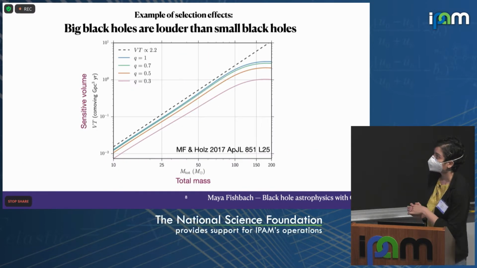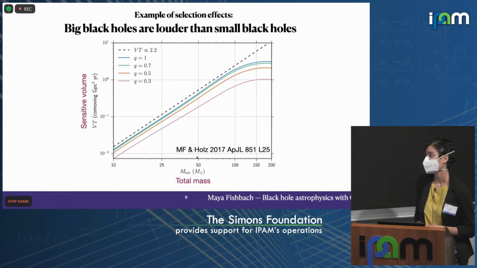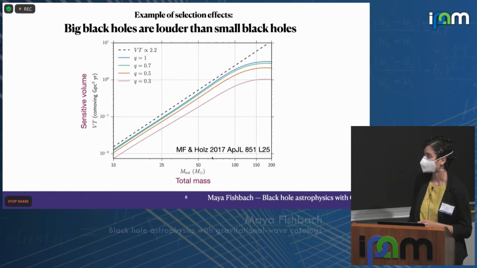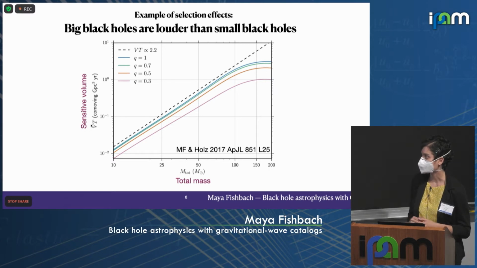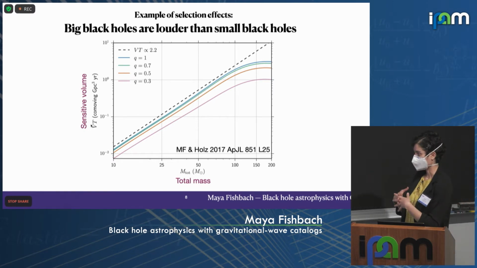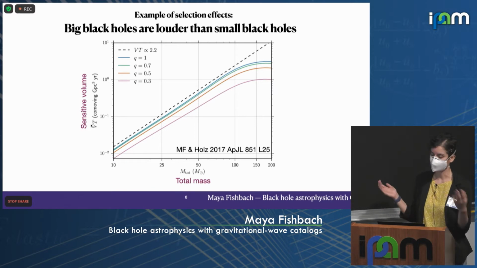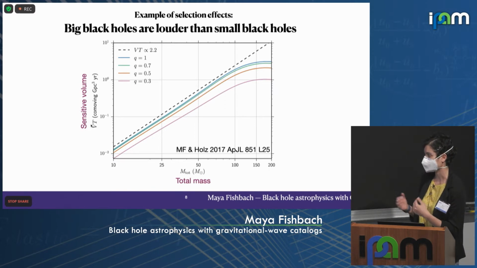And so an example of selection effects that a number of people have brought up so far, right, is that as we go to larger total masses of our binaries, our sensitivity to those increases. So this is in terms of the sensitive volume. And this is just because the larger binaries are intrinsically louder in gravitational waves. We can see them to a larger distance.